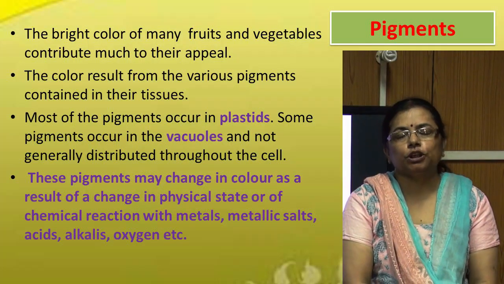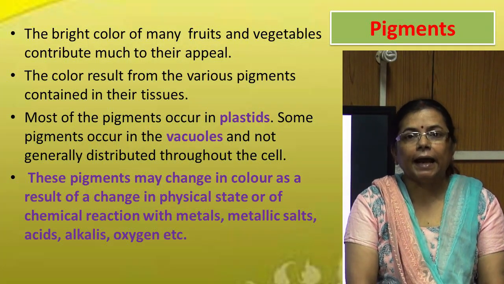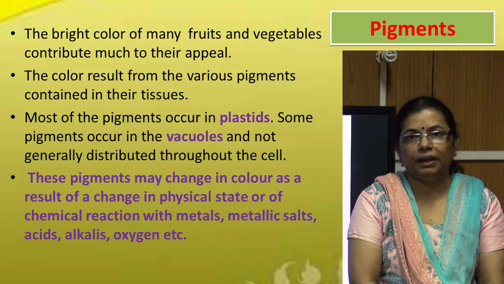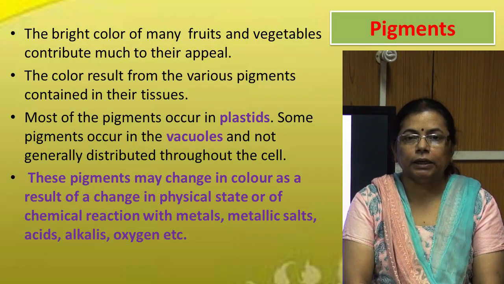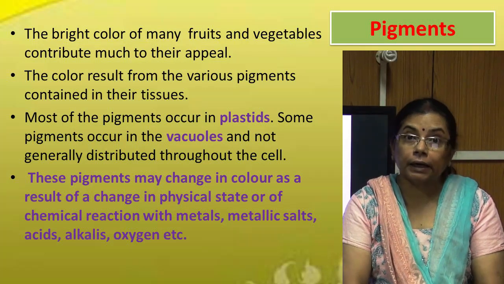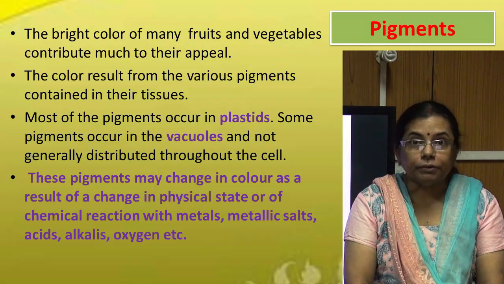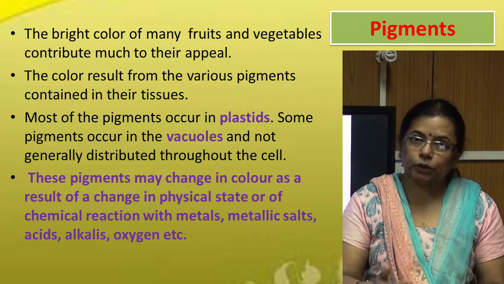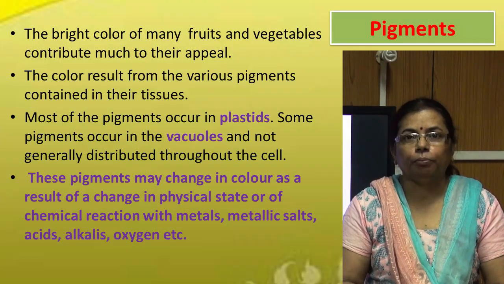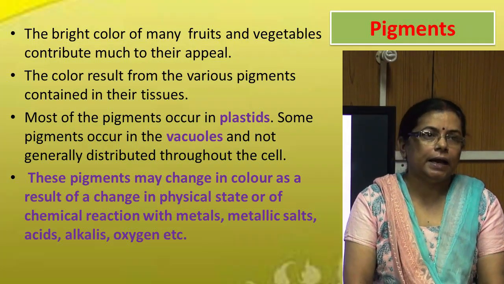The first impression of the food is visual, and major part of our willingness to accept the food depends upon the color. Color of the food varies from place to place, season to season, depending upon various factors.